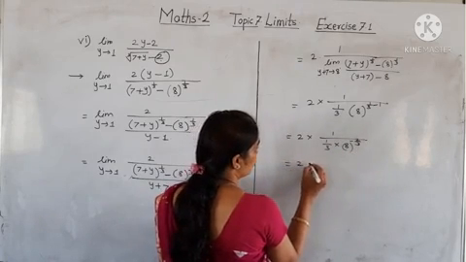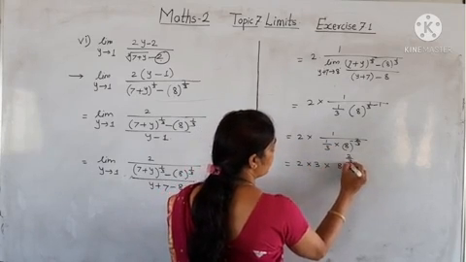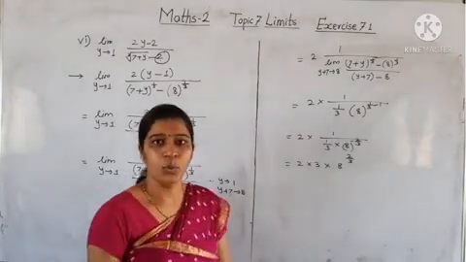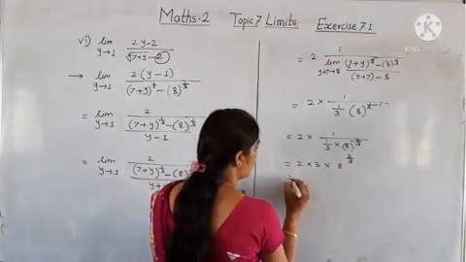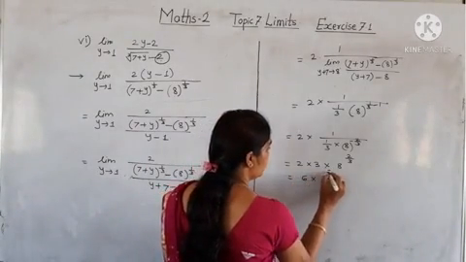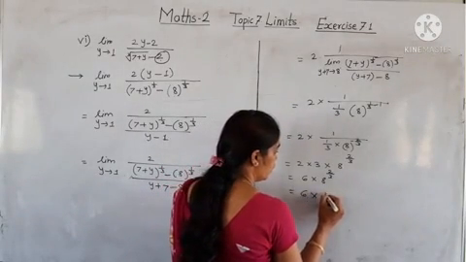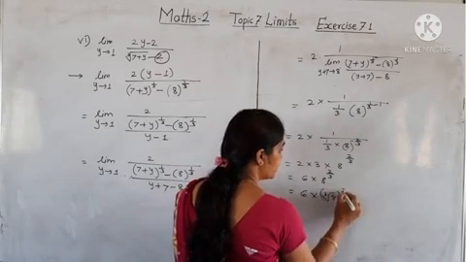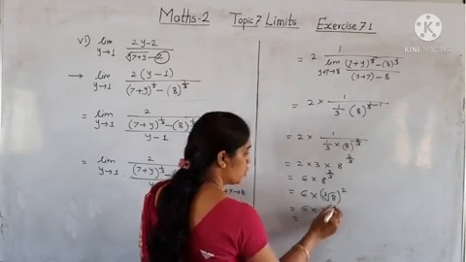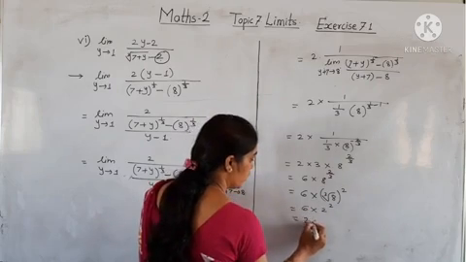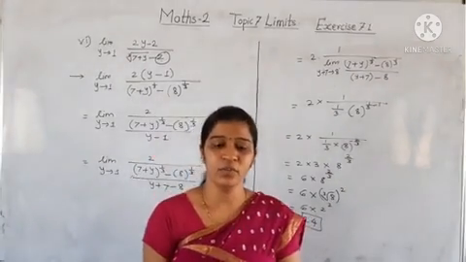So here 2 into 3 into 8 raised to 2 upon 3, that is 6 into 8 raised to 2 upon 3. See here we write this as 6 into cube root of 8, it is square. So 6 into cube root of 8 is 2 square, 2 square 4, 4 6s are 24. So our final answer is 24.